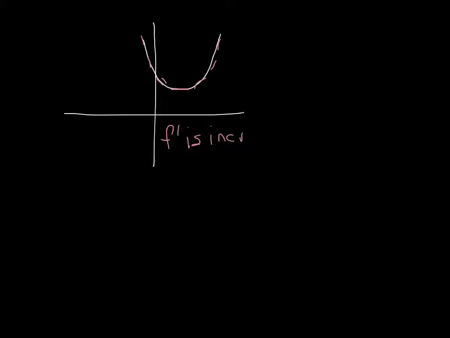So when f prime is increasing, going from negative to 0 to positive, we have a graph of a function that's concave up. If f prime is increasing, what do you think that says about the second derivative? Is it positive or negative?